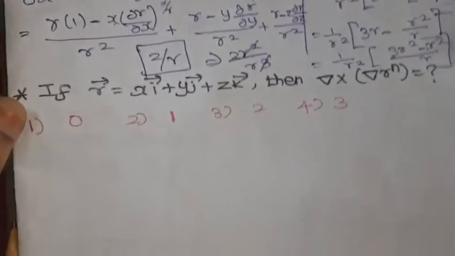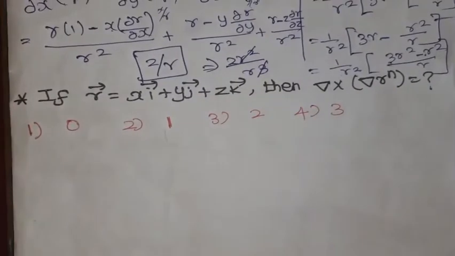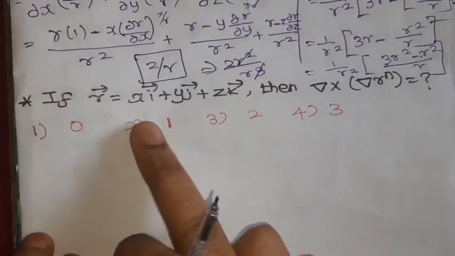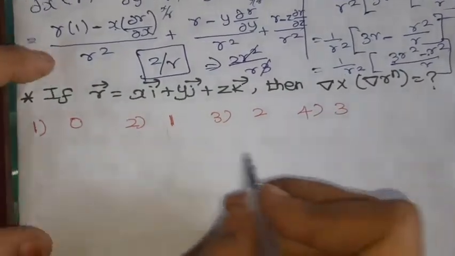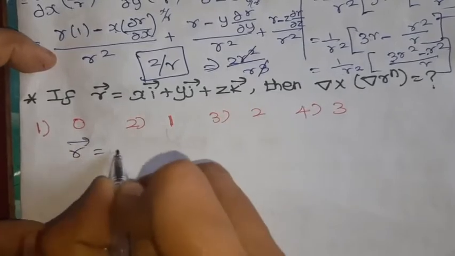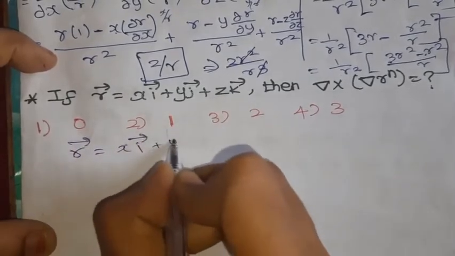We'll move on to the next problem. r is given as xi plus yj plus zk, then del cross del r power n. We'll see how to solve this; it's very simple from the formula.